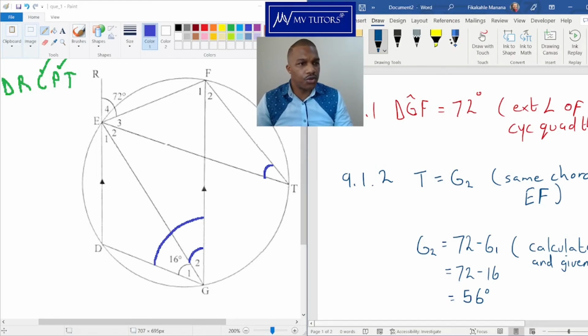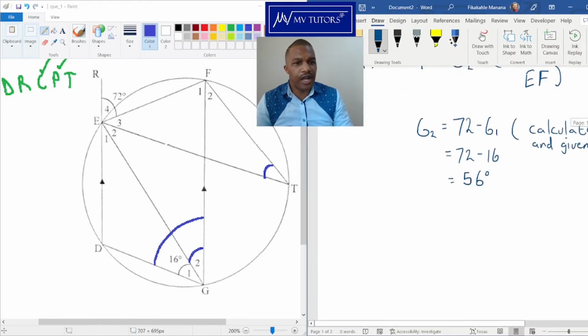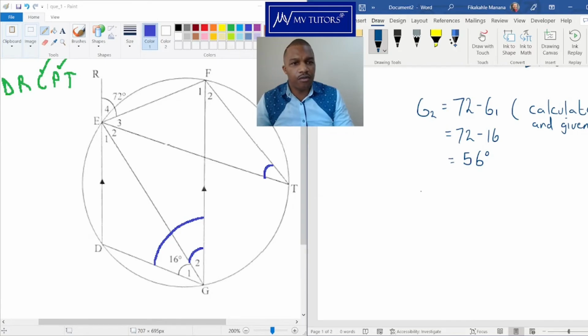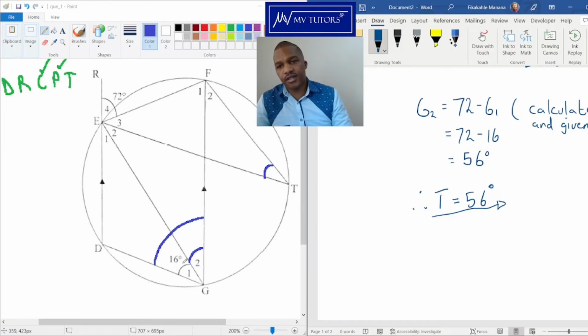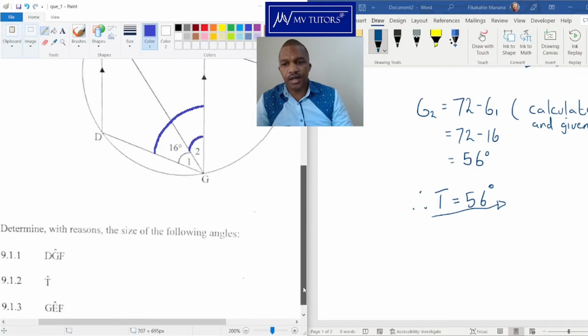Then we can conclude then and say therefore T is equals to 56 degrees. There we go. That's it. Okay, 72 minus 16, that's G2, that's T. Good. Let's go to the next question then, which is 9.1.3.